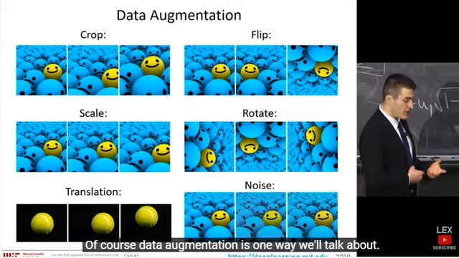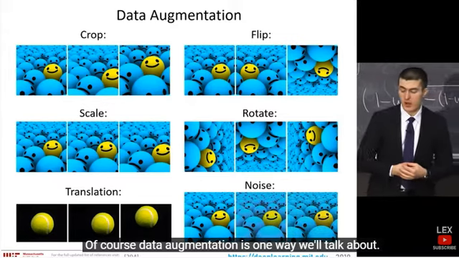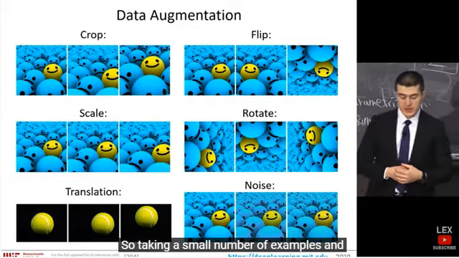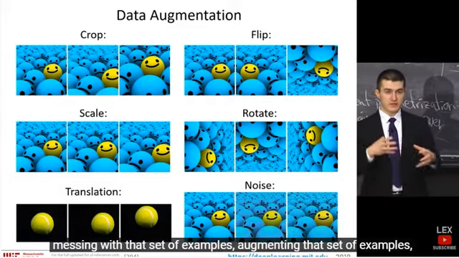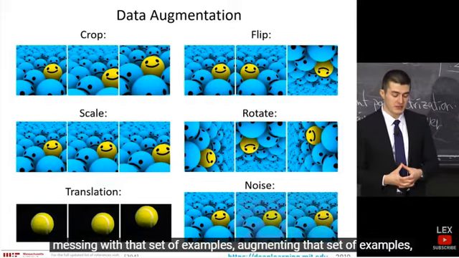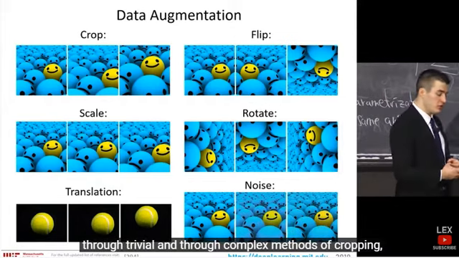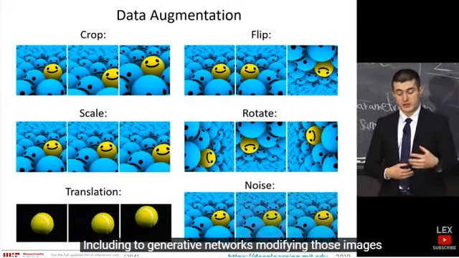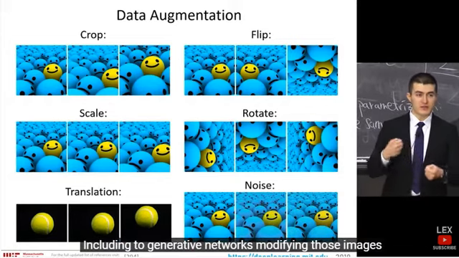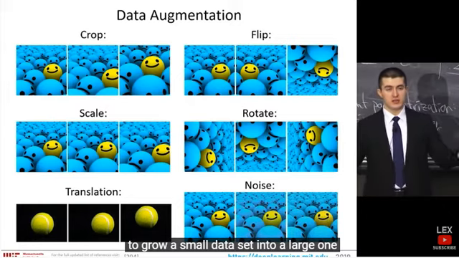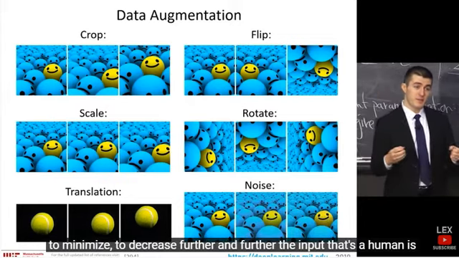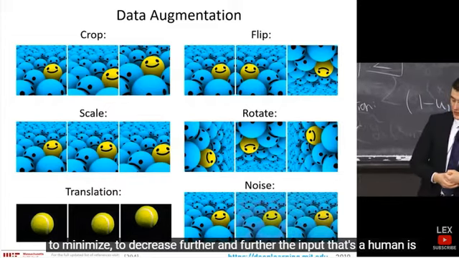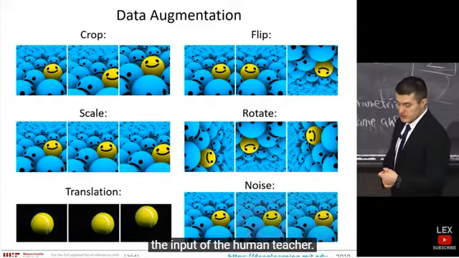Of course, data augmentation is one way, as we'll talk about: taking a small number of examples and augmenting that set through trivial and complex methods of cropping, stretching, shifting, and so on, including through generative networks modifying those images, to grow a small data set into a large one and decrease further and further the input of the human teacher.